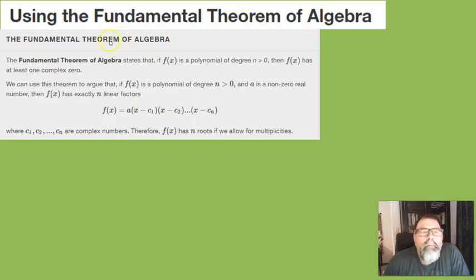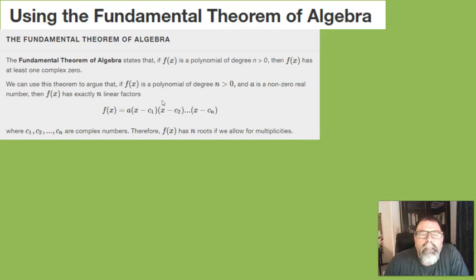Using the fundamental theorem of algebra. The fundamental theorem of algebra states that if f of x is a polynomial of degree n greater than 0, then f of x has at least one complex 0. We can use this theorem to argue that if f of x is a polynomial of degree n greater than 0, and a is a non-zero real number, then f of x has exactly n linear factors.